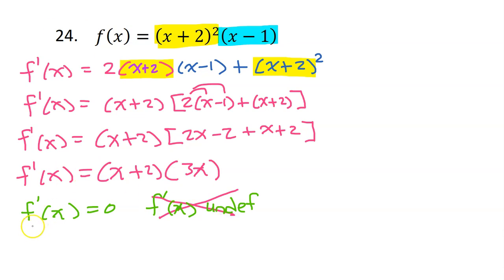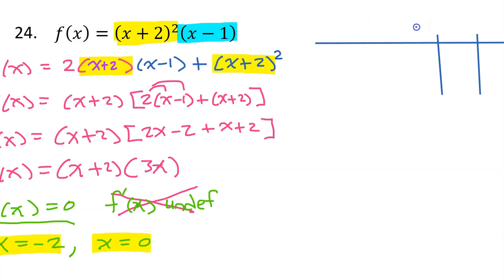So where will f prime equal 0? In factored form, we can easily see that those values are x equals negative 2 from the first factor, and x equals 0 from the second factor. So these are the two critical numbers. We're going to put these on a number line and make a sign chart.